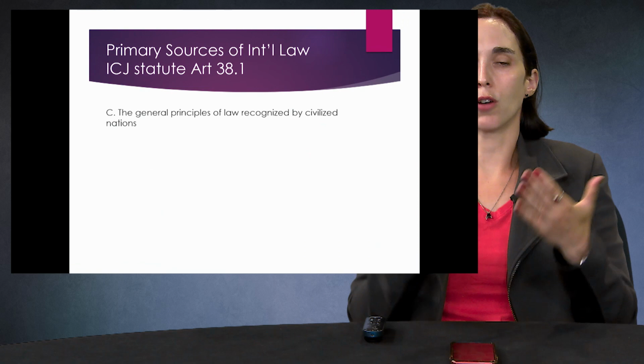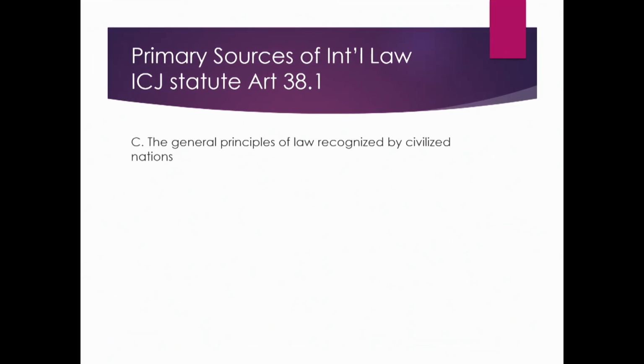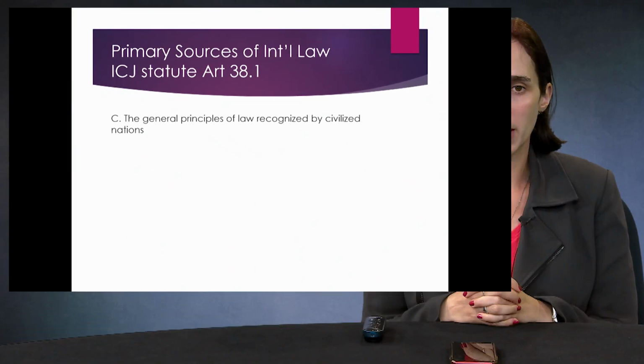The third primary source of international law, which means a rule of law in and of itself, is a general principle of law. It's written in the ICJ statute as recognized by civilized nations. That clause of the language has become less meaningful since the adoption of the UN Charter and the ICJ statute in terms of what civilized nations means.